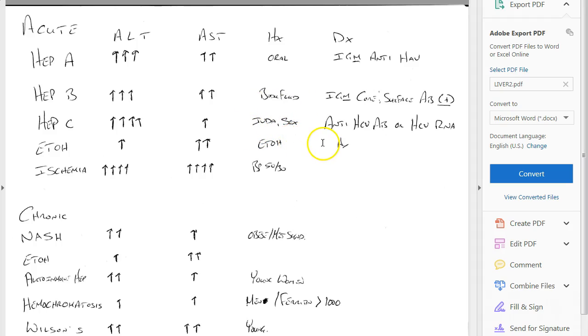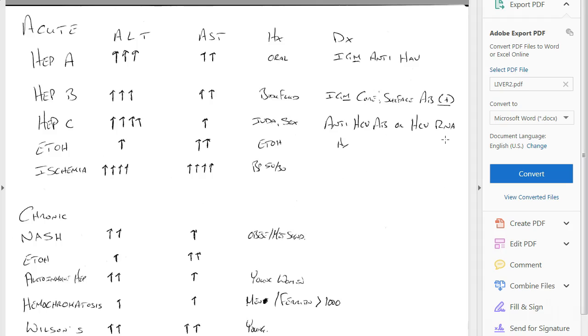So what are we looking at? You're going to see your anti-hepatitis C virus antibodies be positive, or hepatitis C virus RNA, that's measuring viral loads, will be sky high. So that's in the setting of acute hepatitis C.